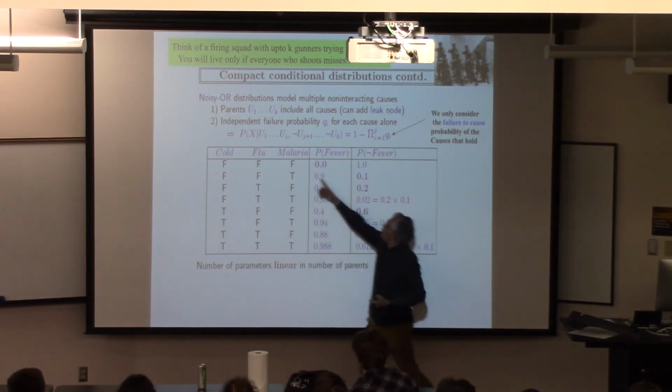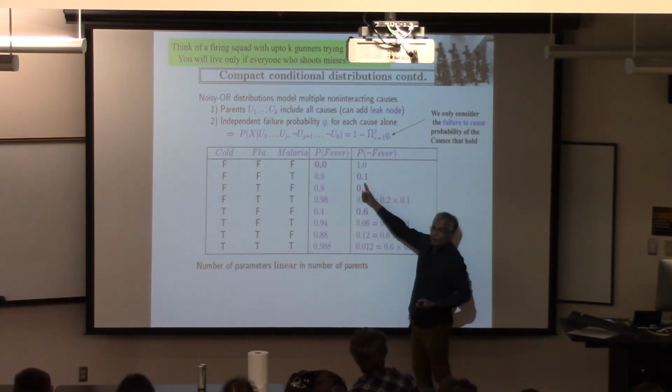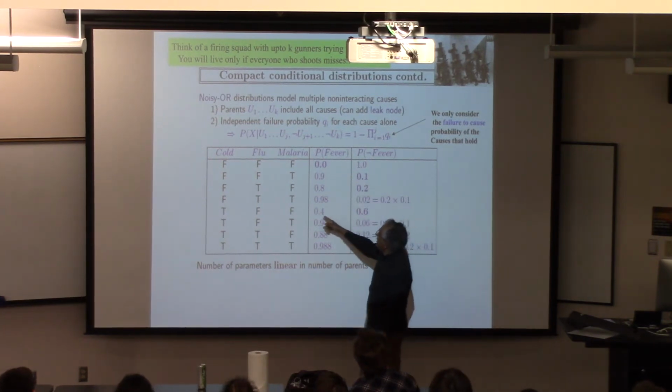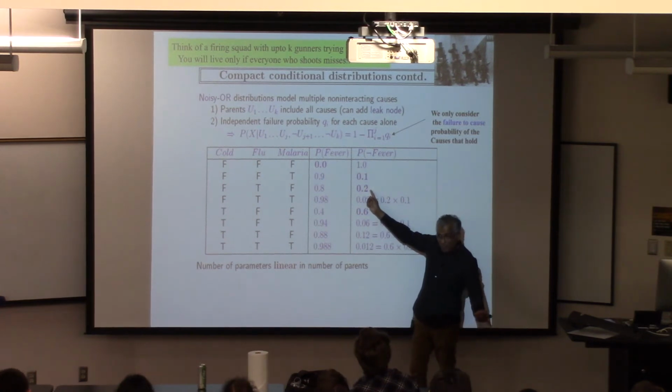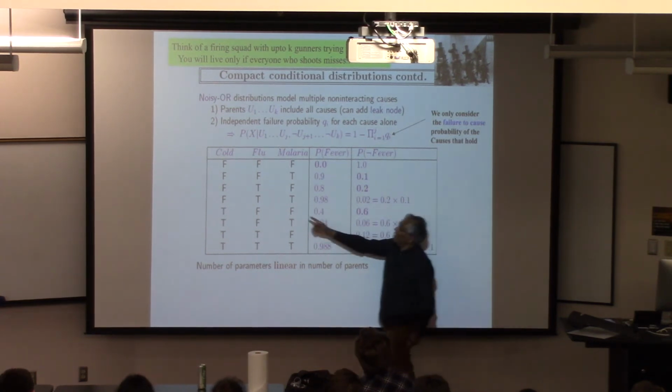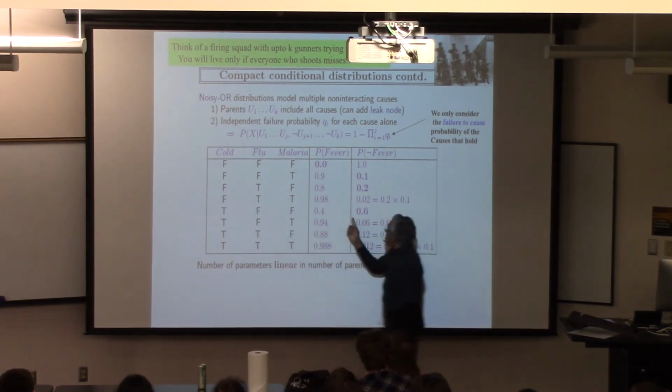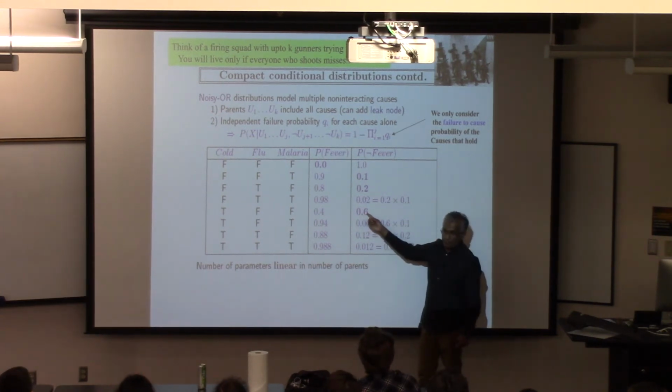If malaria is true, you not getting fever has 0.1 probability. That means malaria missing you. Okay? And similarly, if flu is true, you not getting fever is 0.2. That's flu missing you. And if cold is true, you not getting fever is 0.6. That means that's cold missing you.